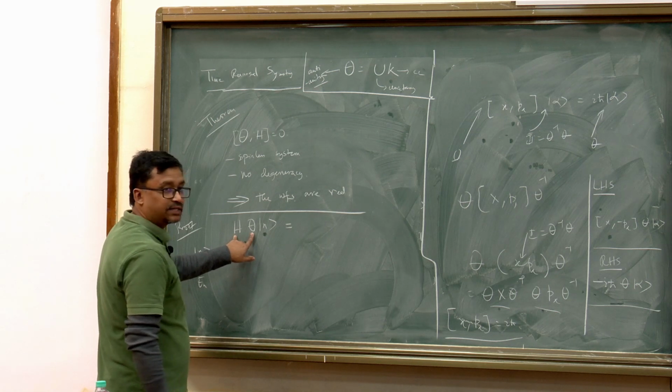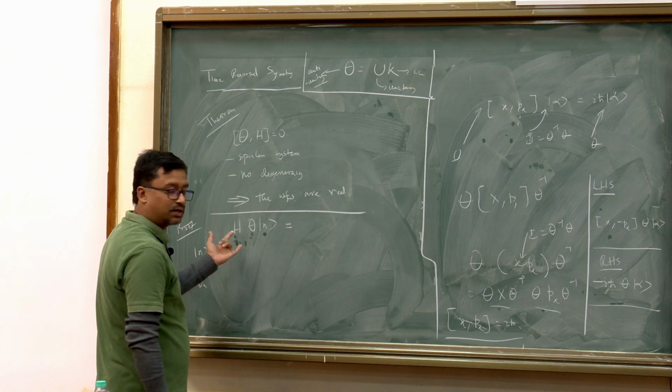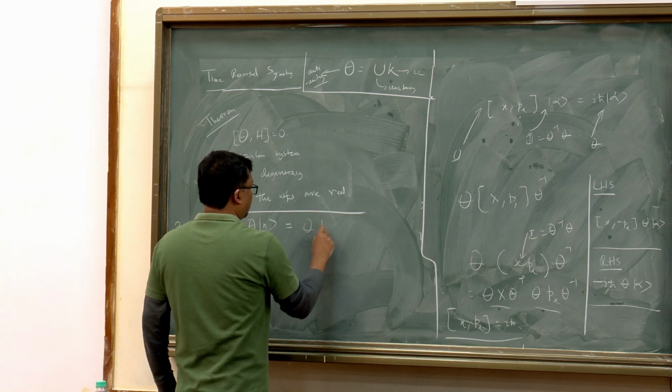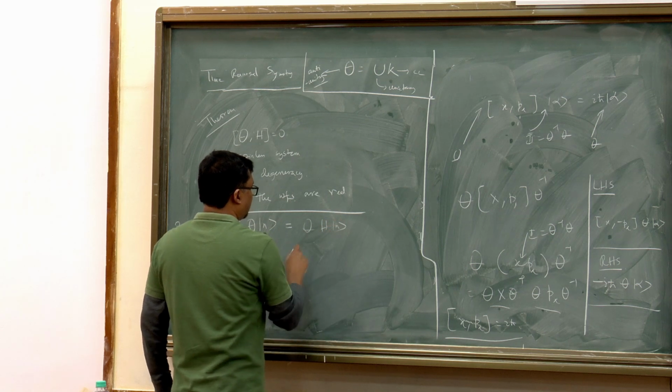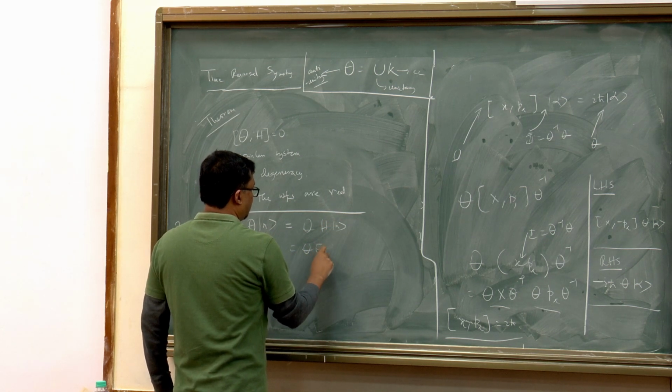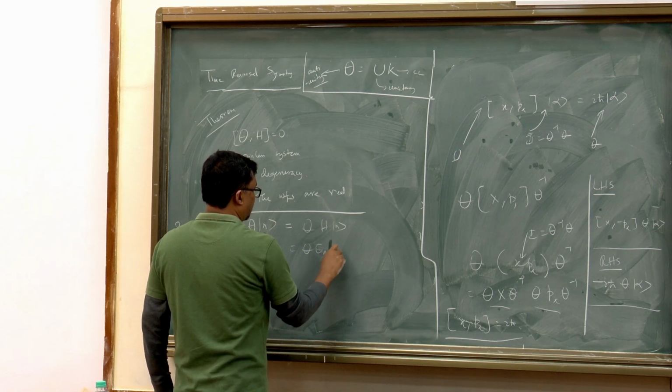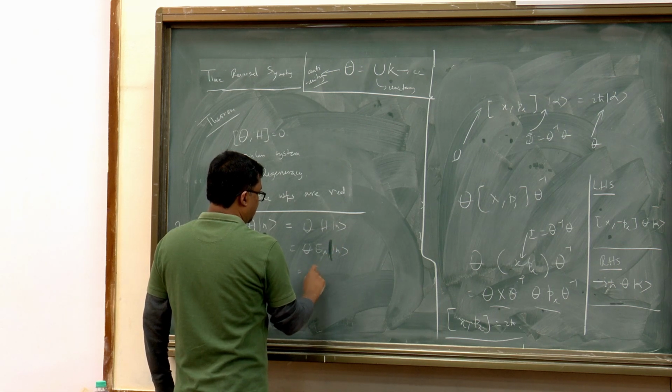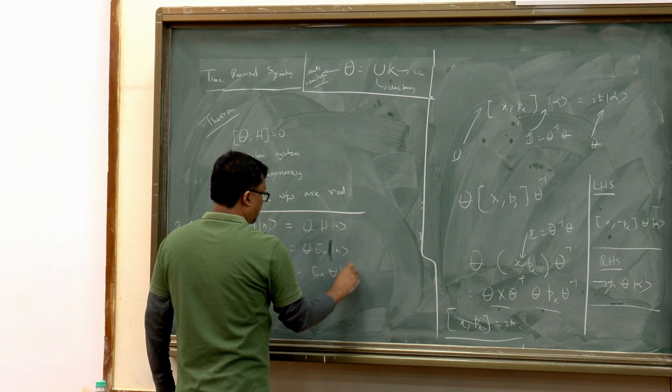If theta and H commute, we can switch the order. So, this is theta H n, which is theta E n n, which is E n theta n.